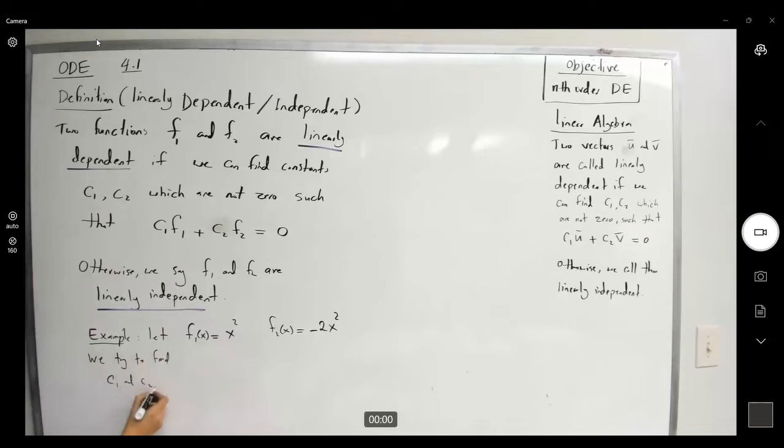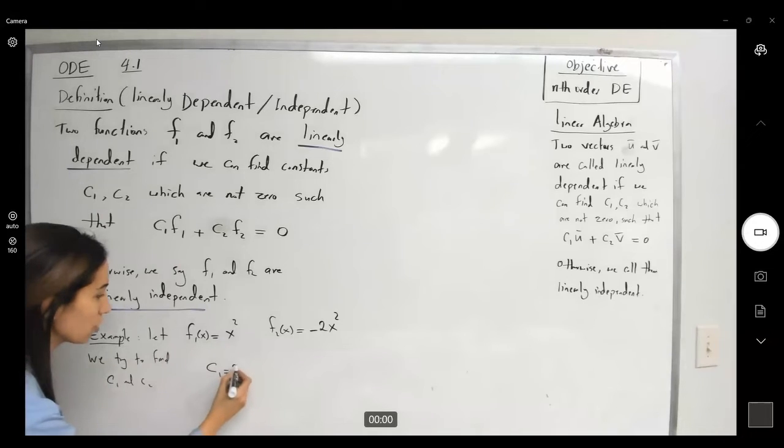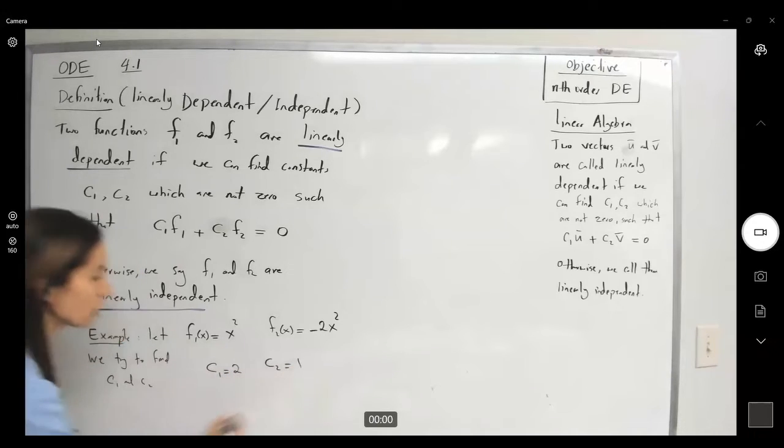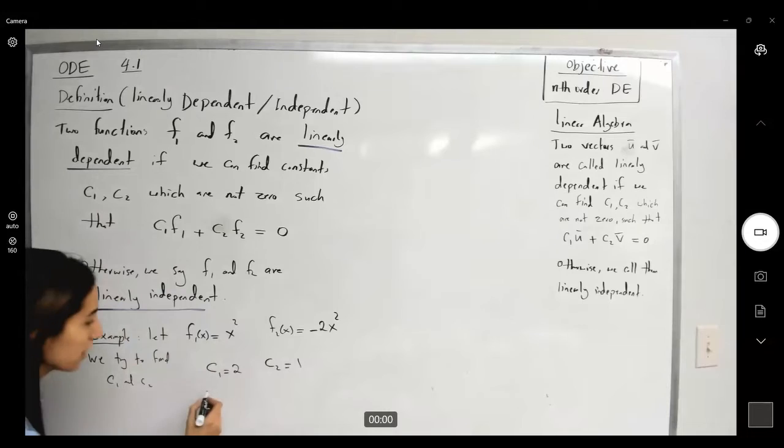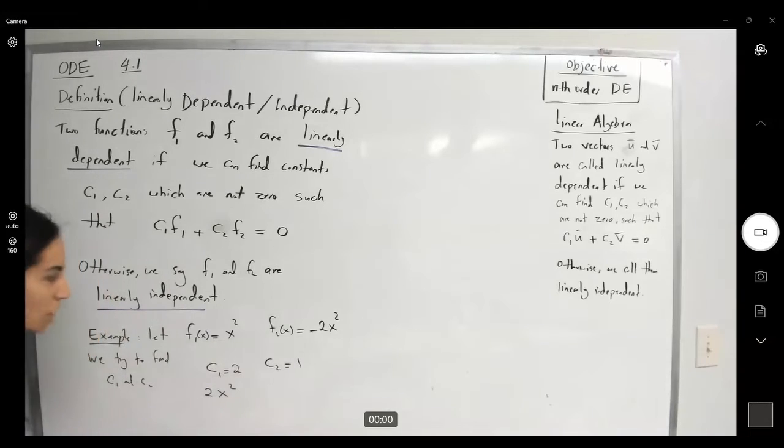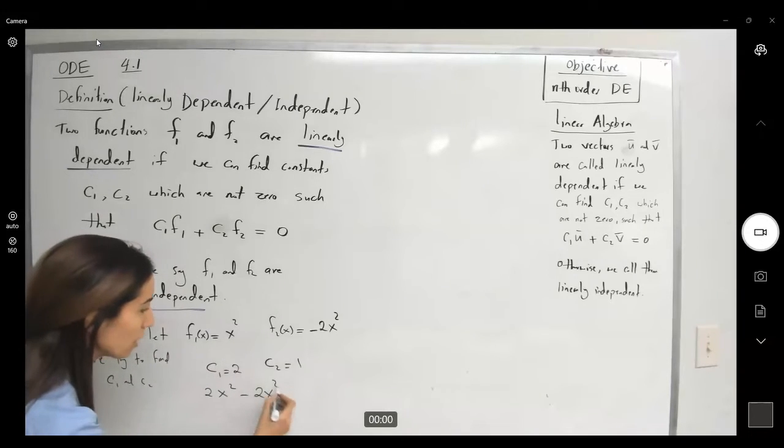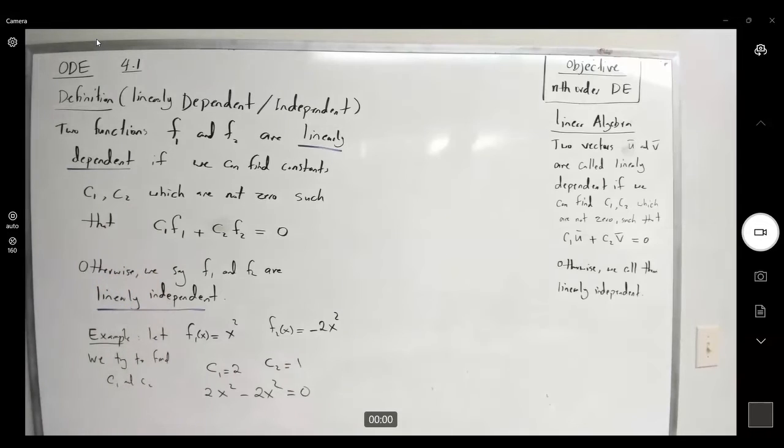So, okay, if I multiply this guy by 2, C1 is 2 and C2 is just 1. Let's see what happens. I get 2x squared minus 2x squared, which is 0. I found C1 and C2? Yes.